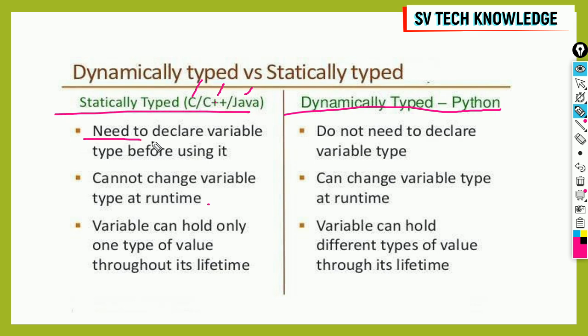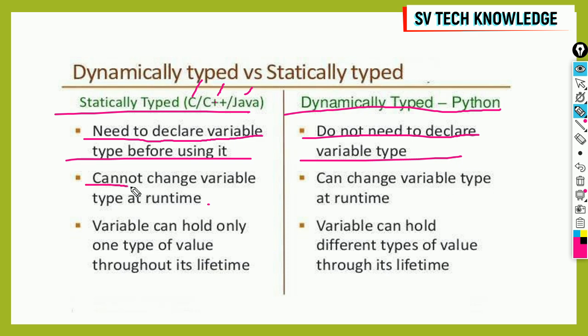So here there is no need to declare the variable type before using it. Whenever I am using C language or Java, I have to declare the data type of a variable before using it. Int A, int B, like that. Before any variable I have to use a data type. But in Python you do not need to declare a variable type before using it.